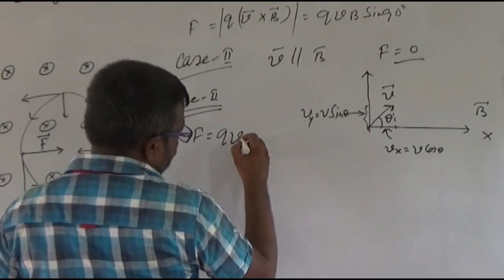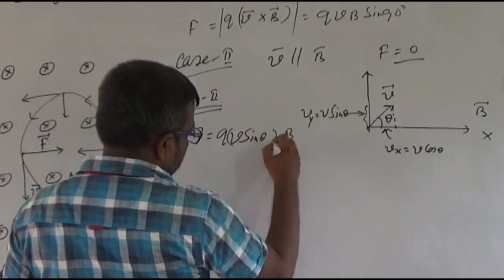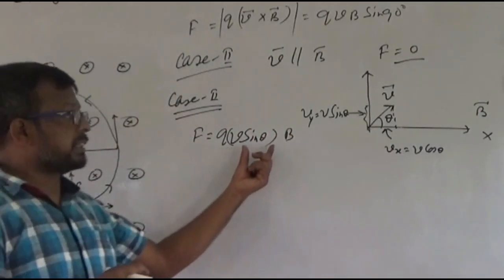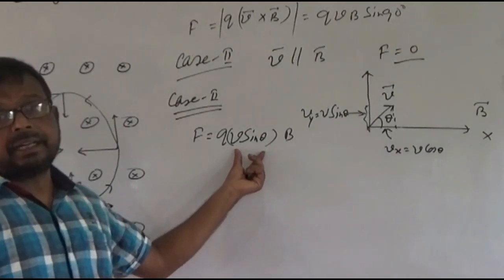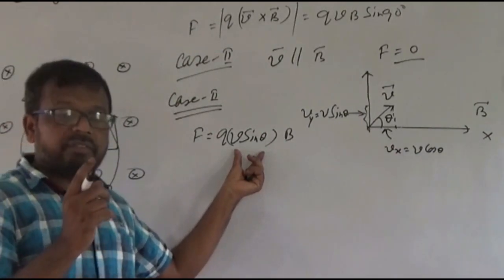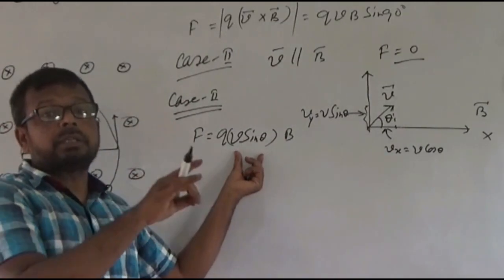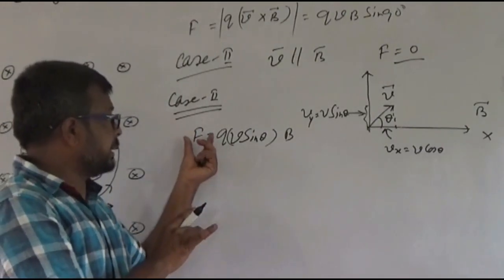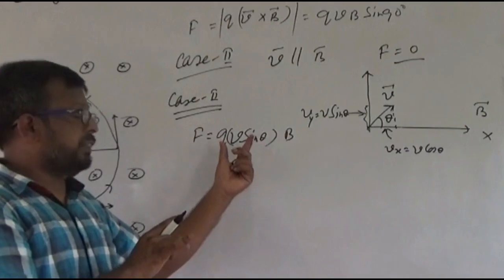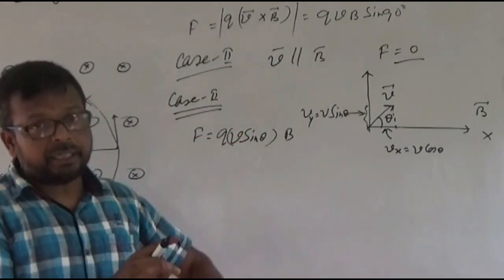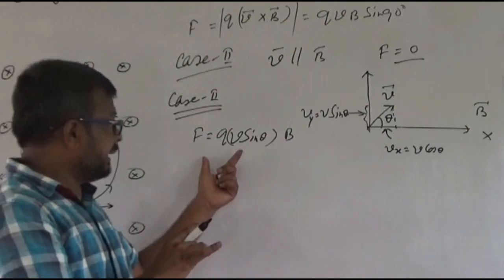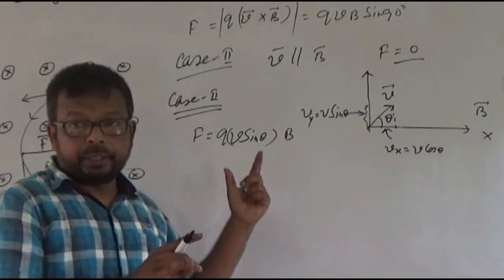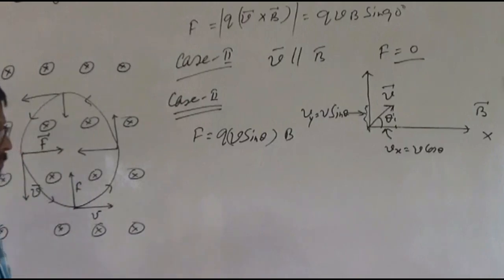Here it is q v sin theta into B, because in this case the velocity is v sin theta. V sin theta is the amount of velocity which is perpendicular to the magnetic field, and due to that velocity it will experience a force which is perpendicular to the v sin theta component as well as the direction of B, and due to this force it will rotate or move in a circular path. Already we have discussed, right?